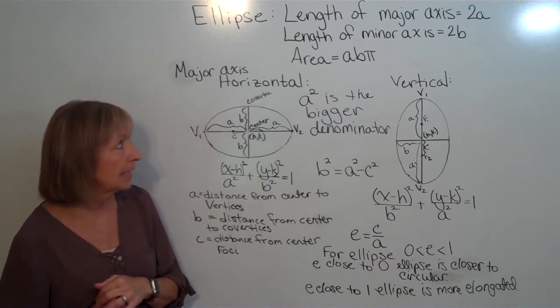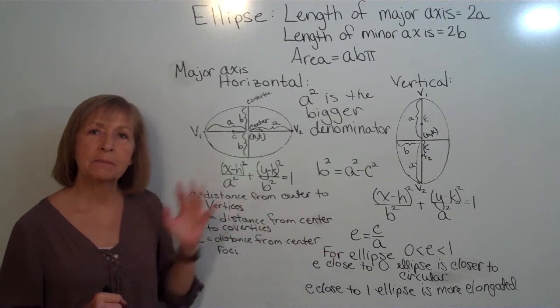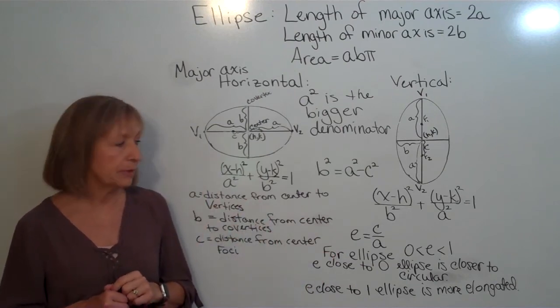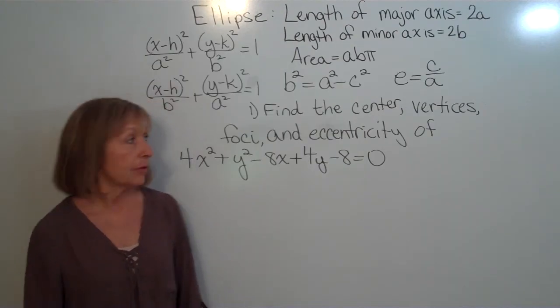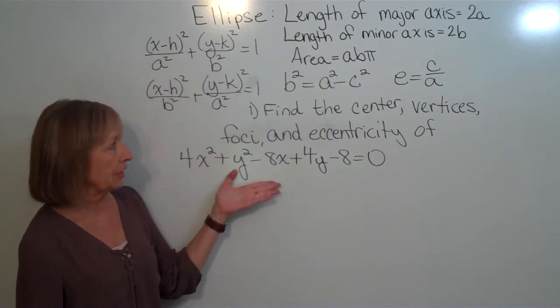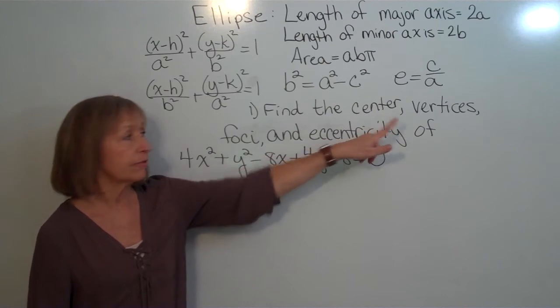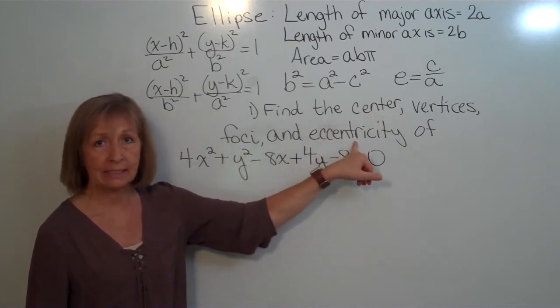So now that we have all of this background information presented, let's look at our first example. They're giving us an equation and they want us to find the center, the vertices, the foci, and the eccentricity.